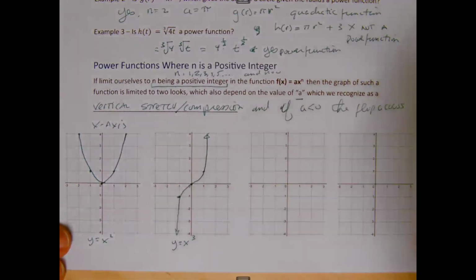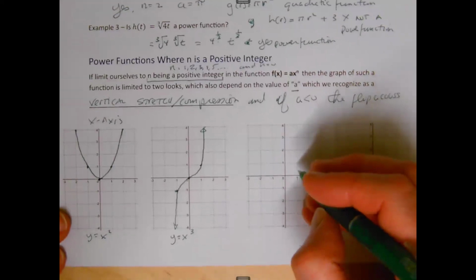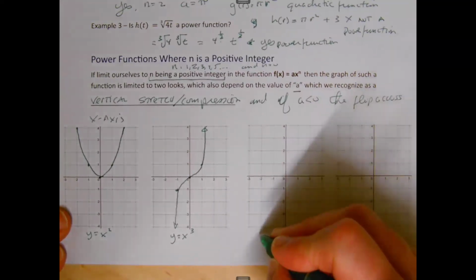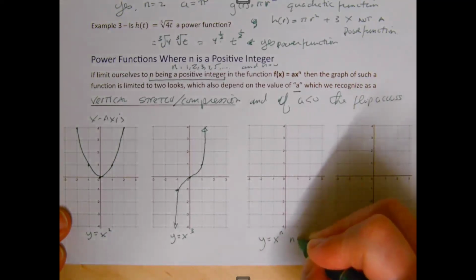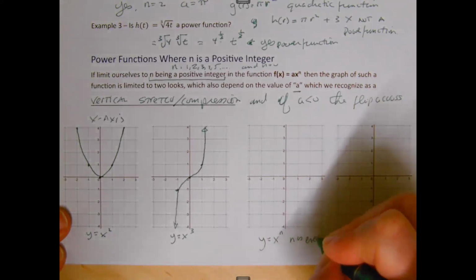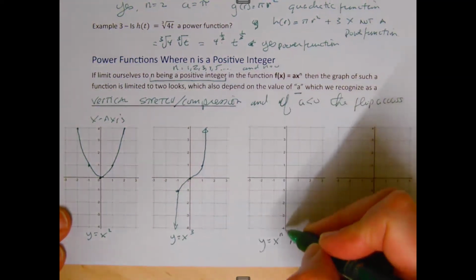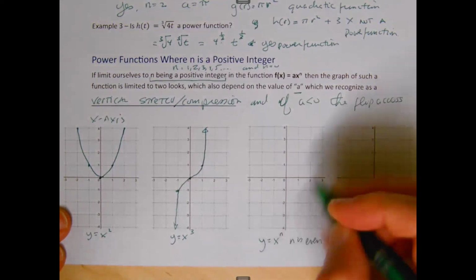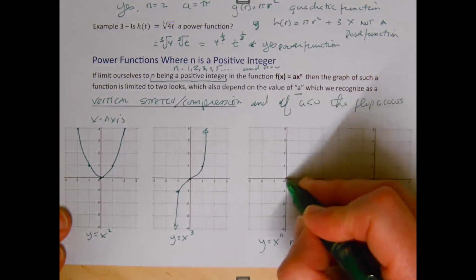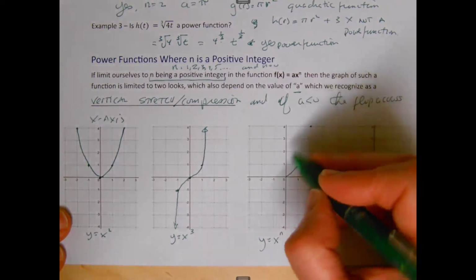Now, keep in mind that if we have y equals x to the n and n is even, for example, if it's to the 4th or to the 6th or to the 8th, let me draw the parabola one more time here.